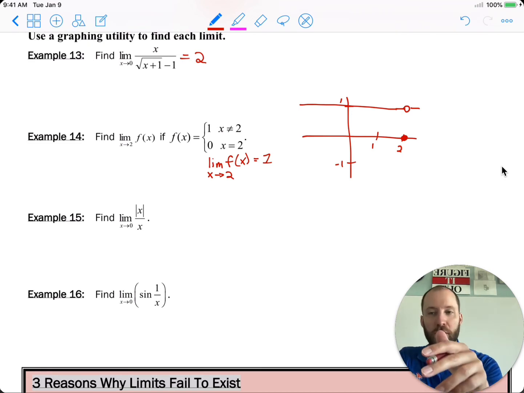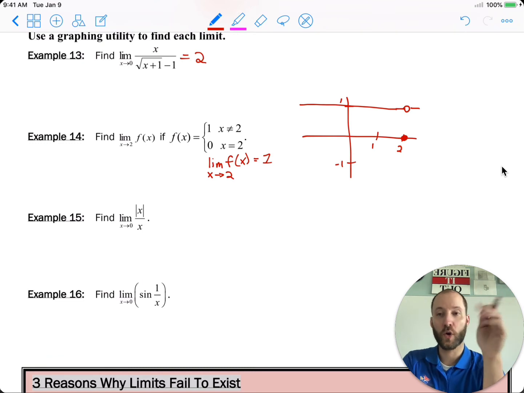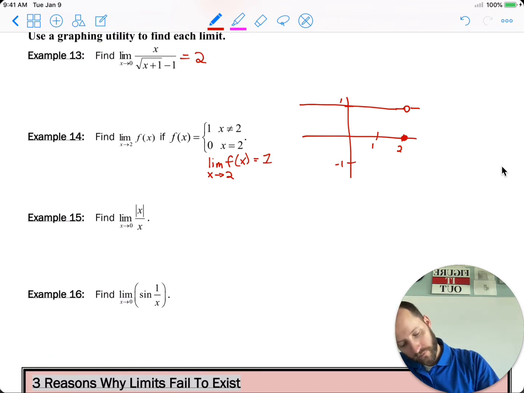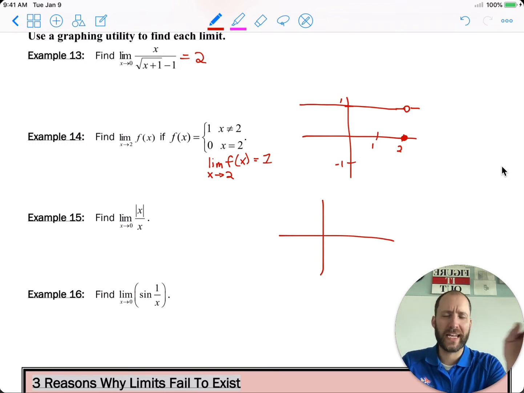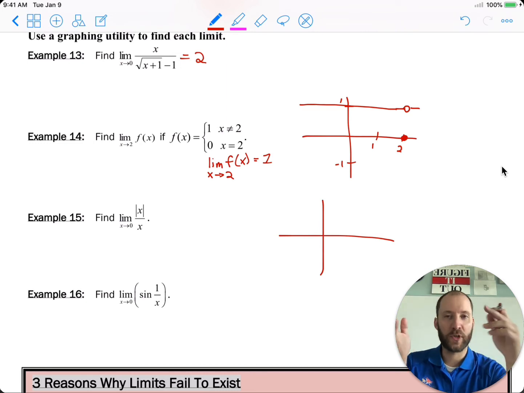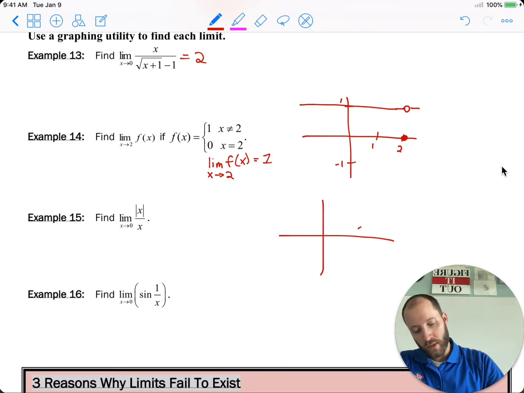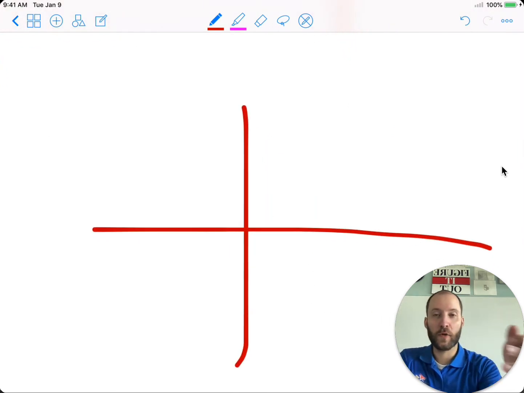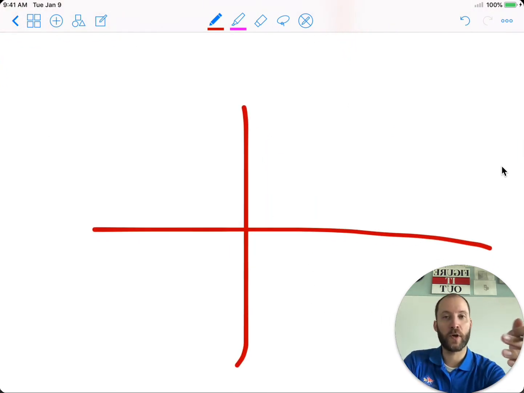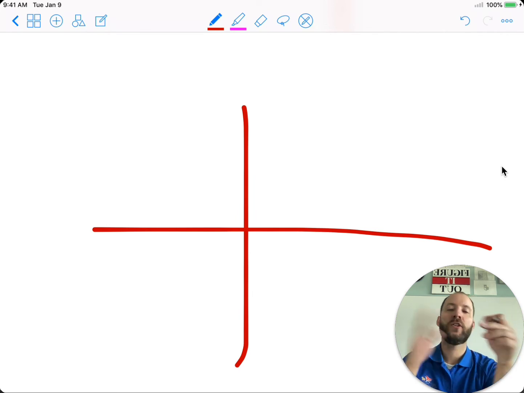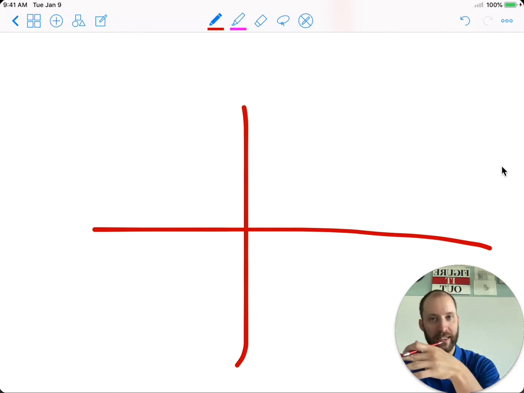This absolute value function in example 15, absolute value x over x. So almost anything divided by itself is 1. But with the absolute value, the numerator is always positive. So you could have a positive over a negative or a positive over a positive. So whether it's negative or positive, it's going to be 1.